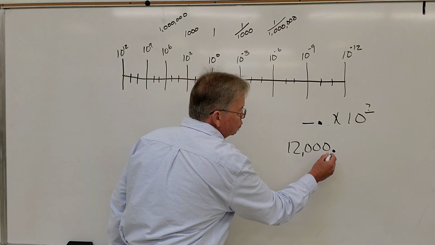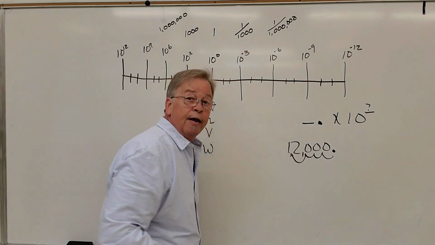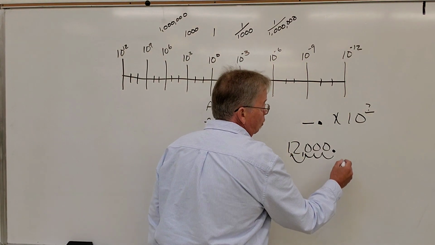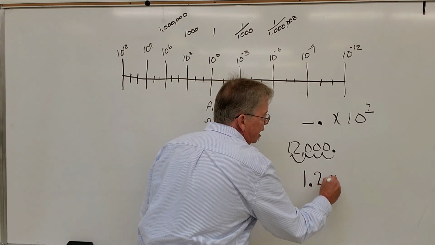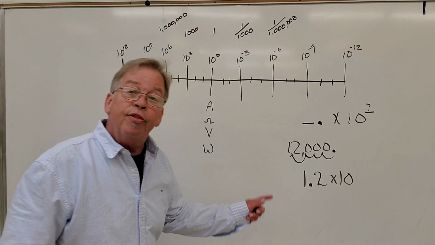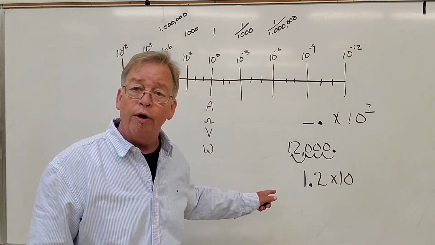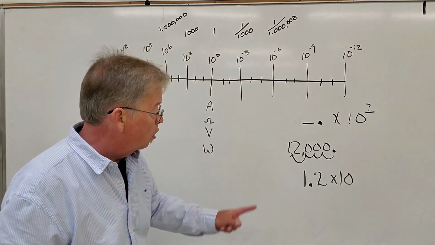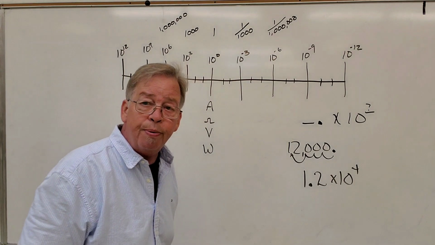Okay, so if that's where my decimal point is going to end up, behind that 1, it becomes 1.2 times 10, and the exponent is how many times I move the decimal point over. So that would be 4. So 1.2 times 10 to the 4th power.